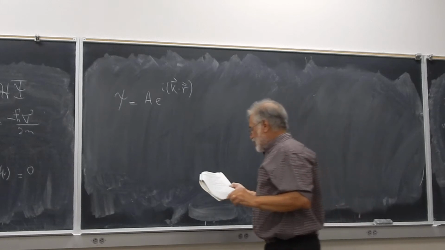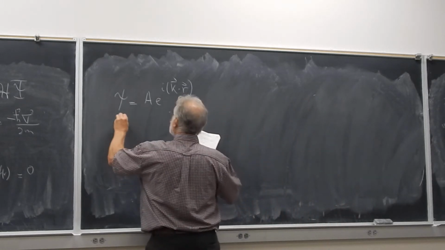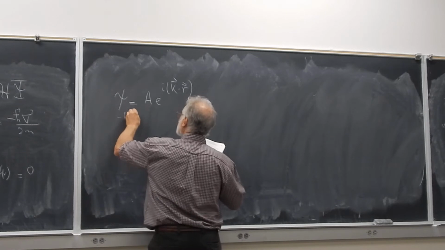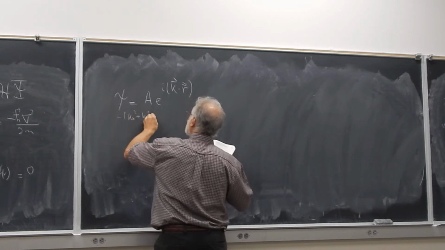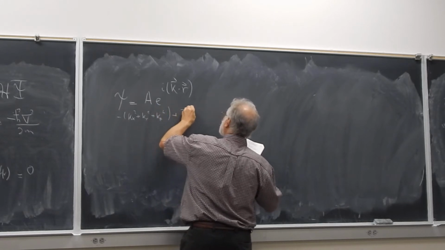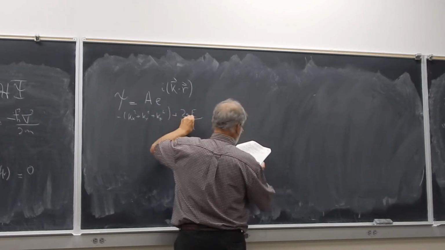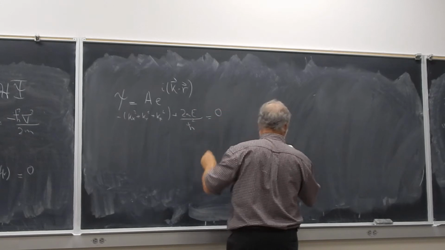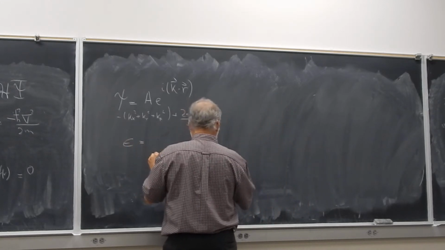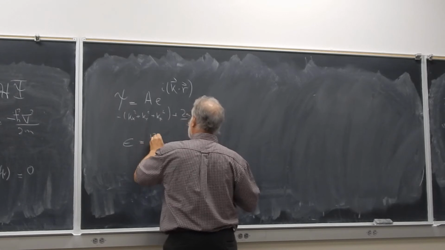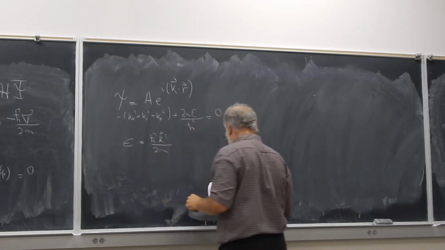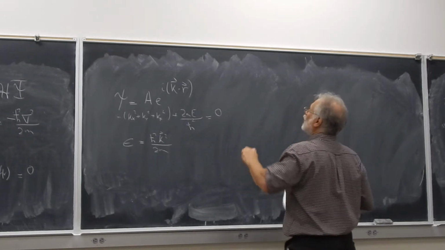You might remember that. And we know that minus (κx² plus κy² plus κz²) plus 2mE over ħ² is 0. So, of course, my energy then looks like ħ²κ² over 2m. But I'm going to apply the following boundary conditions.